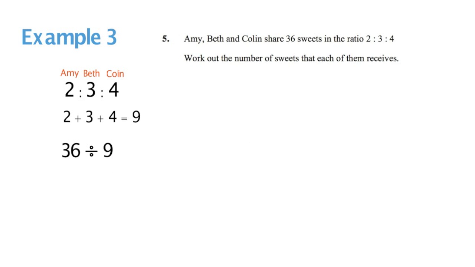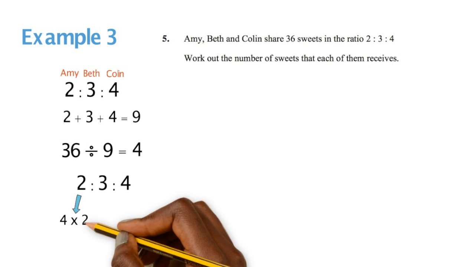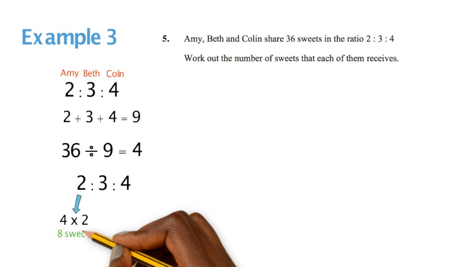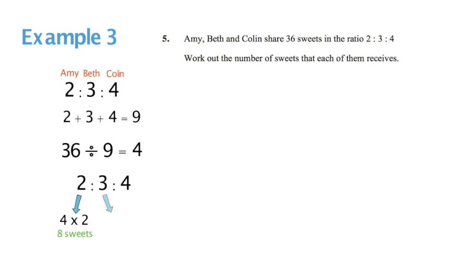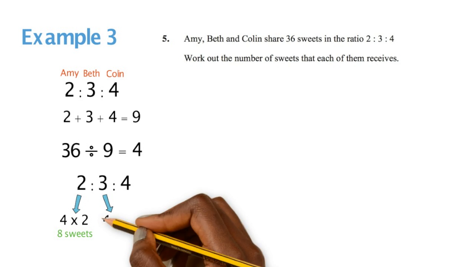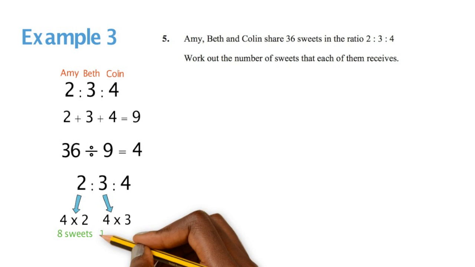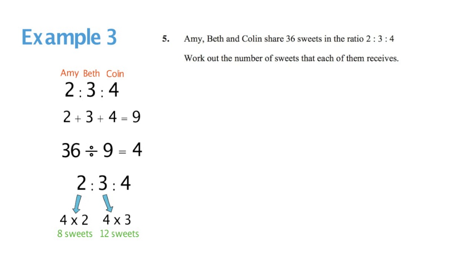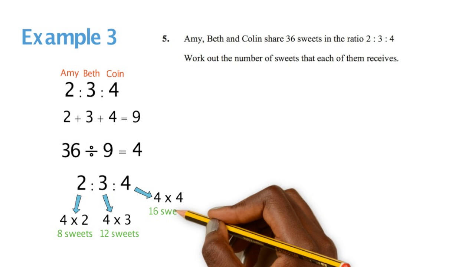Then you're going to do 36, because that's the total number of sweets, divided by 9, which will give you 4. Write out your ratios, and then you're going to multiply each part by 4, because remember 4 is equivalent to 1 part. So the first one would give you 8 sweets. The second one would give you 12 sweets. And the last one, Colin, would get a total of, see if you can work it out before it comes up, 16 sweets.